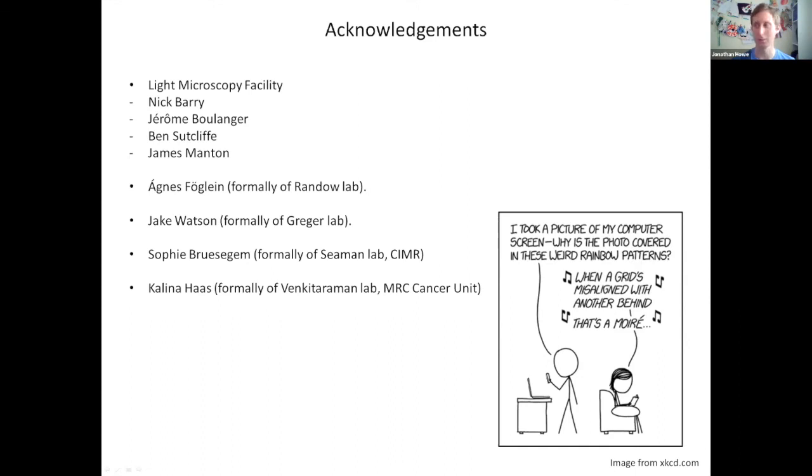STORM or localization microscopy just requires particular dyes. It requires you to be able to make the blinking buffer. That blinking buffer needs to be suitable to get an appropriate density of blinking events for all of your different dyes. And then you've got a lot of flexibility in the analysis side of things.